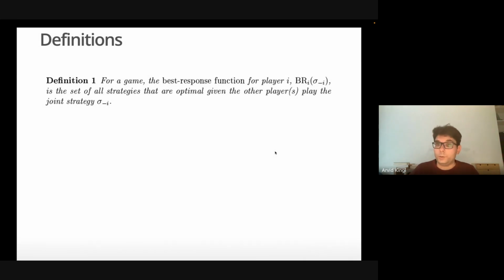Some definitions that are quite useful in handling these kinds of games: the first one is the best response function for a player. That is, if you are a player playing against one or many other players, the moment they fix their strategies, it doesn't matter what they fix them to, you typically have one best response for how to answer.